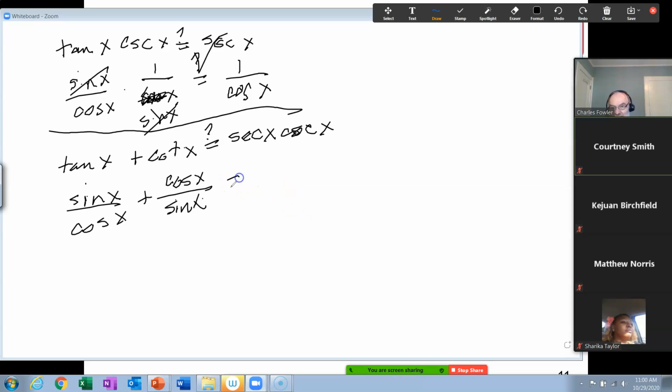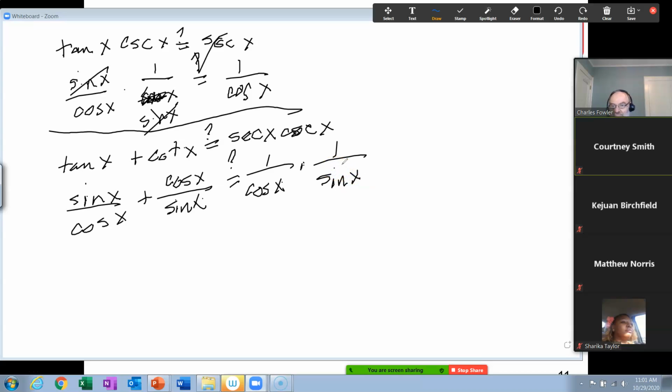Now the question is, is that equal to? Well, let's do the same thing here. This is 1 over cosine x, reciprocal identity. Get to know those identities, folks. They're going to help you out big time. Cosecant x is 1 over sine x.